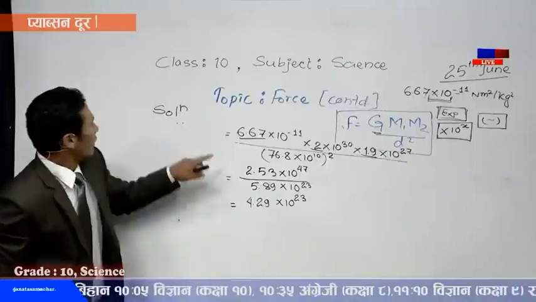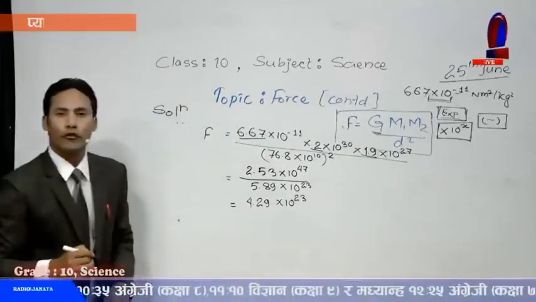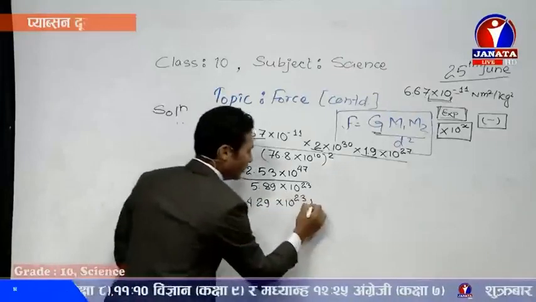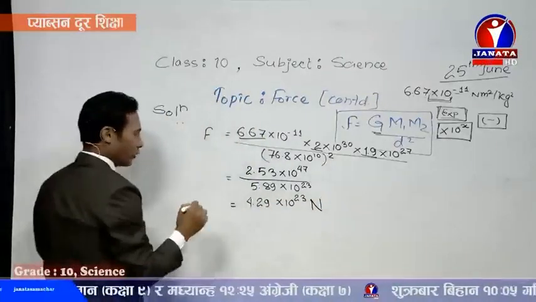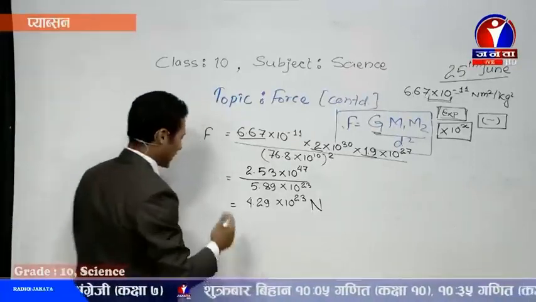Now we have calculated this force. So what is the unit of force? Definitely that is the Newton. Let's also write down the conclusion so that the numerical problem can be easily understood.